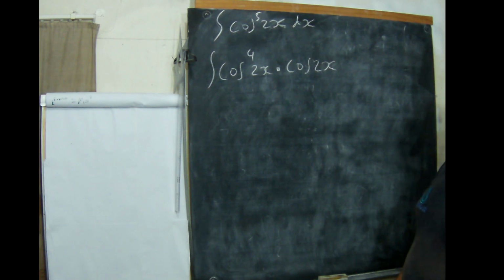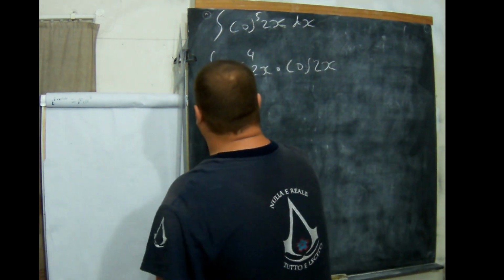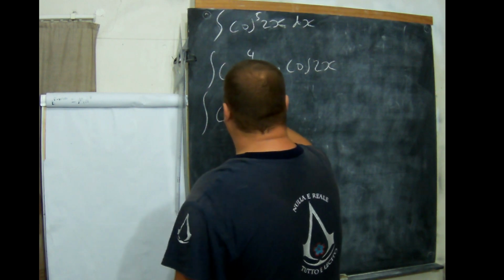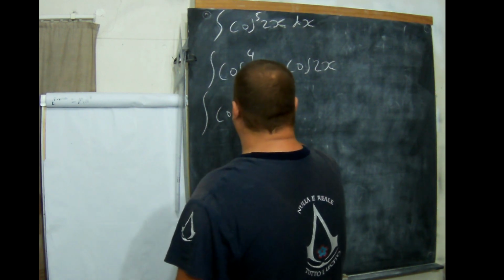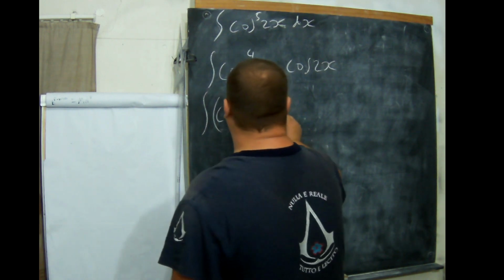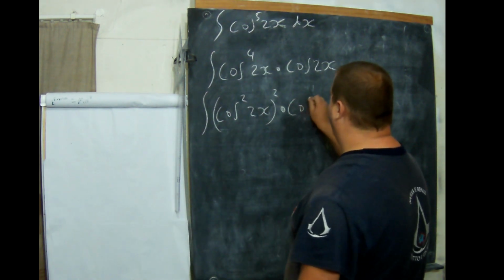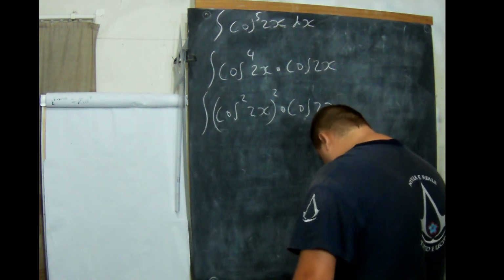Alright, now we're going to say cos squared 2x, all squared, multiplied by cos 2x.